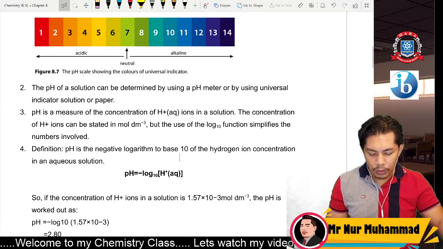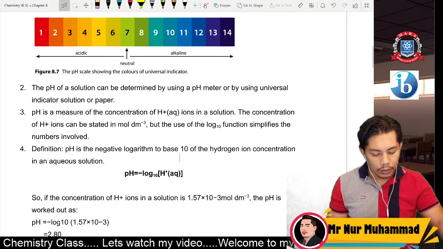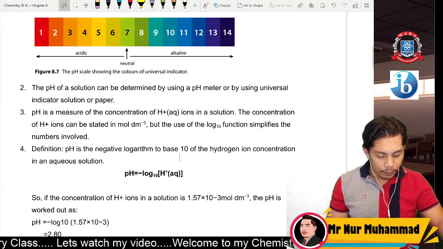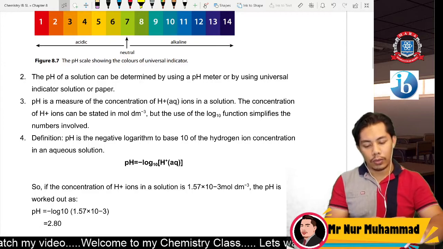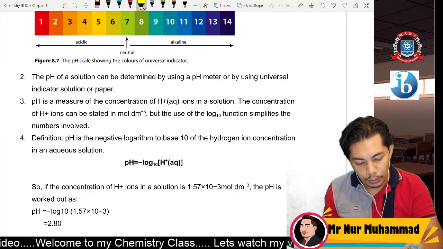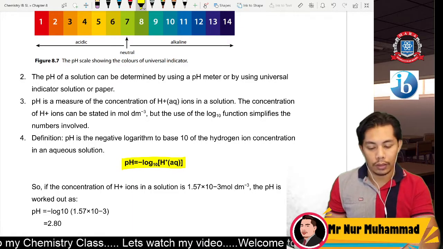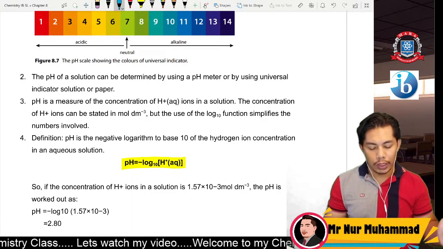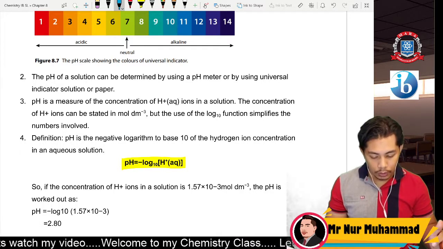So if the concentration of hydrogen ions in a solution is 1.57 times 10 negative 3, the pH is worked out as follows. This is your first formula that you have to memorize, which is we can calculate the pH value if we know the concentration of hydrogen ion.